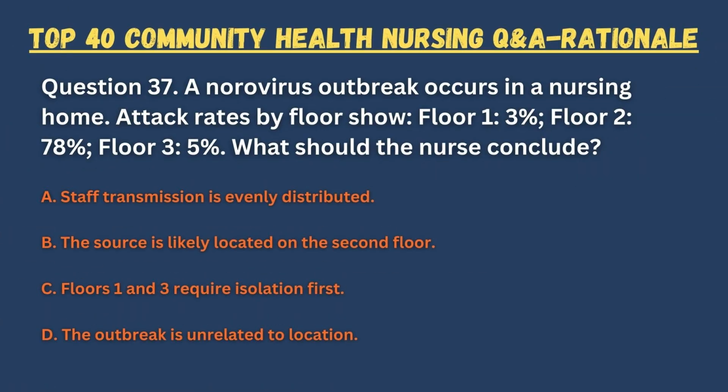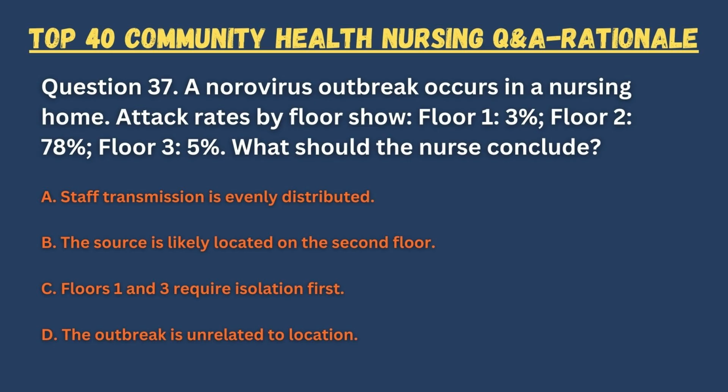Question 37. A norovirus outbreak occurs in a nursing home. Attack rates by floor show: floor 1, 3%; floor 2, 78%; floor 3, 5%. What should the nurse conclude? A. Staff transmission is evenly distributed. B. The source is likely located on the second floor.